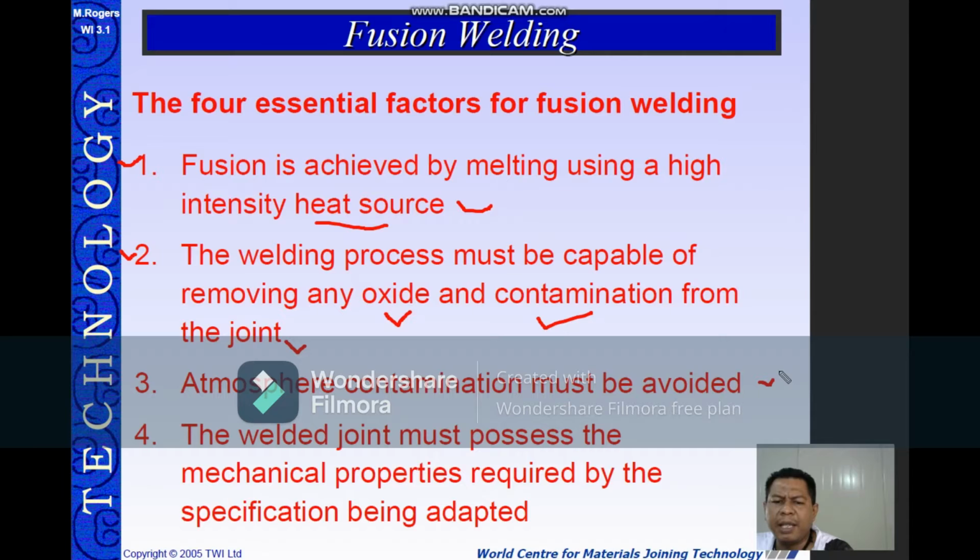This is to make sure the melting joint is clean. Number 4, the welding joint must possess the mechanical properties required. The meaning is the mechanical properties of the joint have to be according to the requirement, according to the weld metal, then according to the base metal.